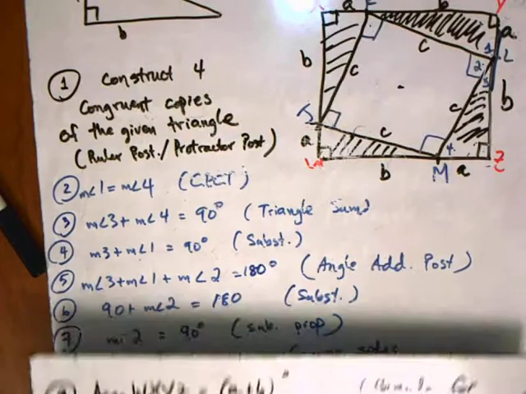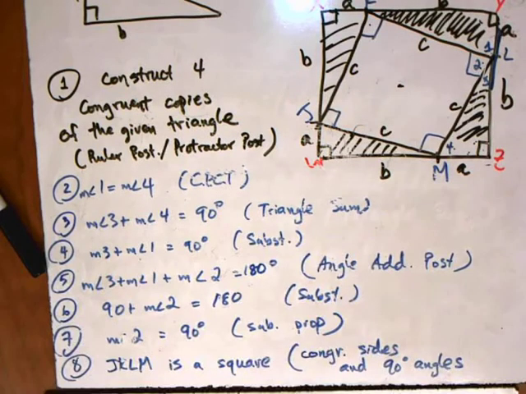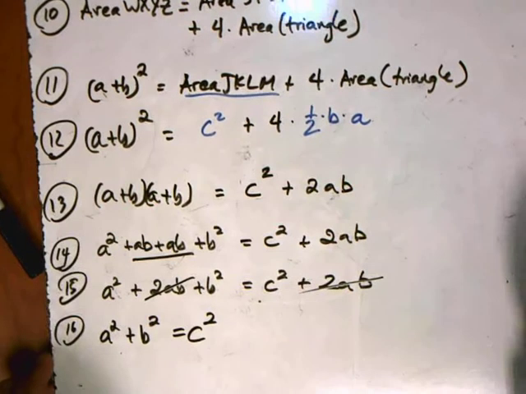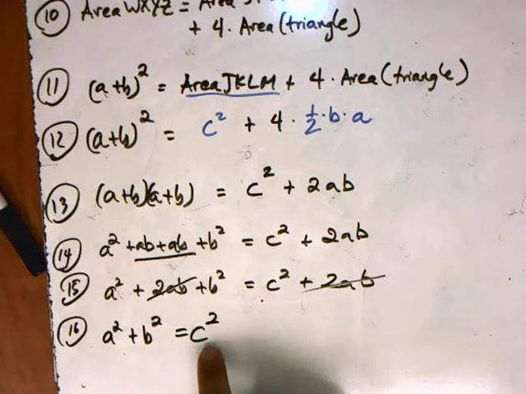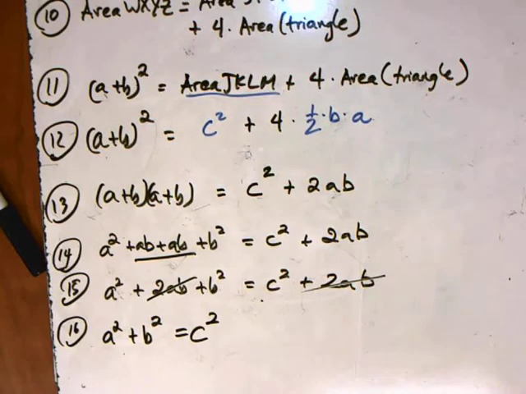And once we've done all of that, we succeeded in showing that if you have a right triangle with the lengths a, b, and c, then a squared plus b squared equals c squared, provided that c is the hypotenuse. Later on, we're going to see another proof of the Pythagorean theorem that doesn't use area at all, and in fact uses similar right triangles.